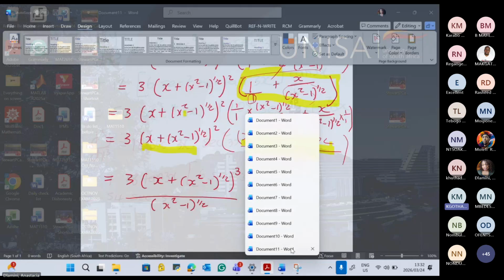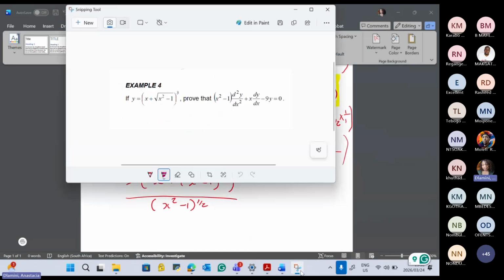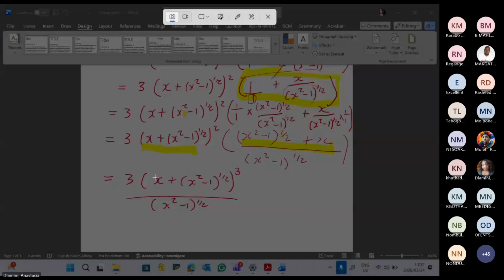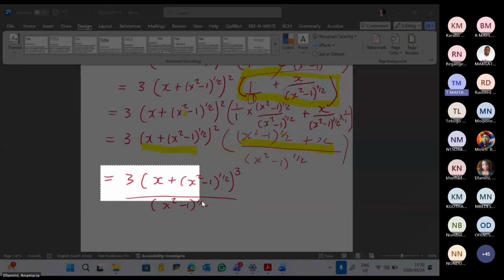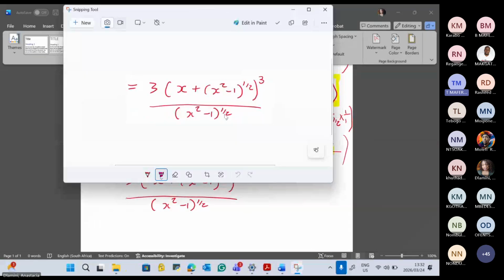Now we can move on to the second derivative. Sorry, I have a question. So you don't expect us to put it back to root form? You can just put it in power form like that? Remember, we are going to look for the second derivative. That's why I'm leaving it in power form, because I know it might confuse me when it comes to the second derivative.